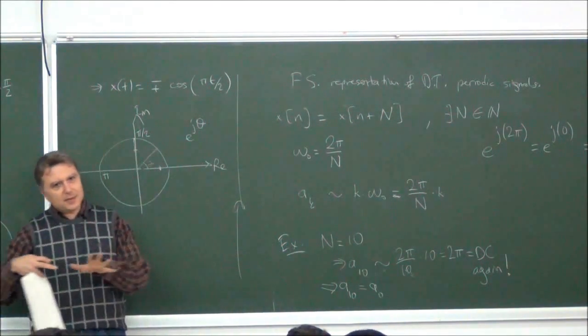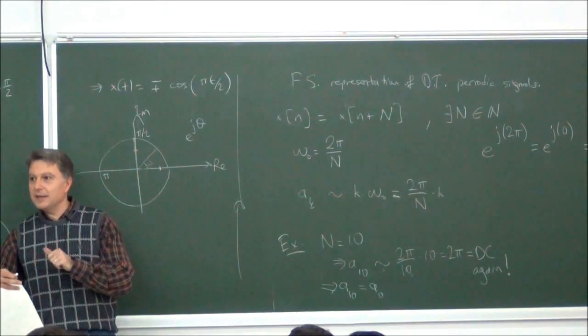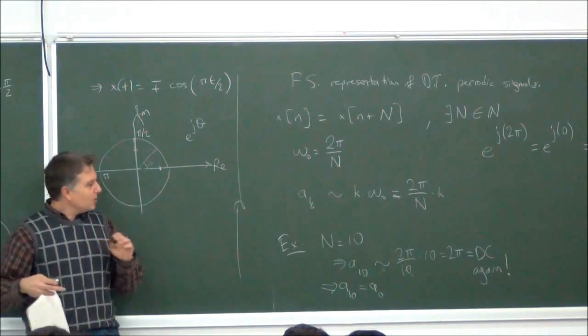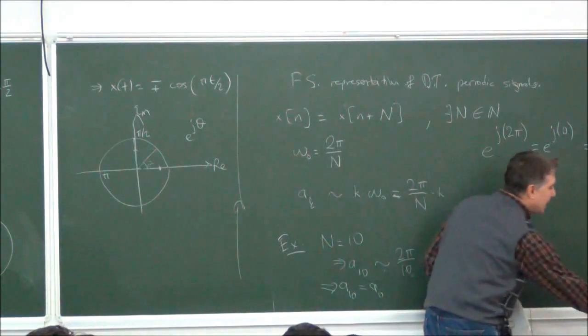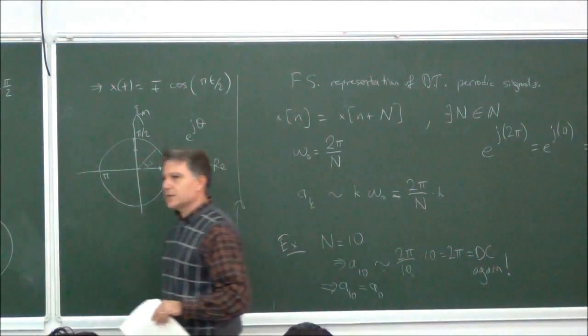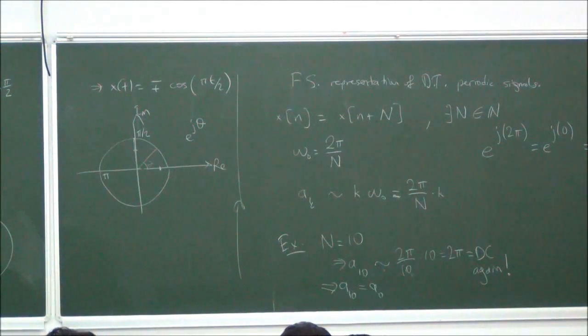In the negative axis, it repeats itself similarly. So there are only capital N distinct Fourier series coefficients. No more than that.